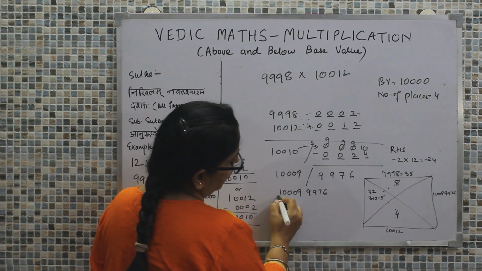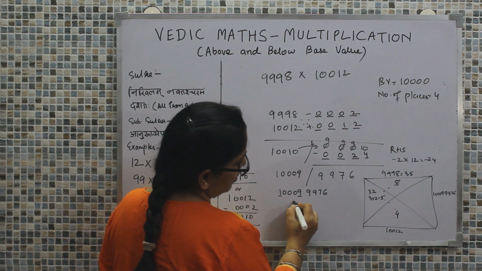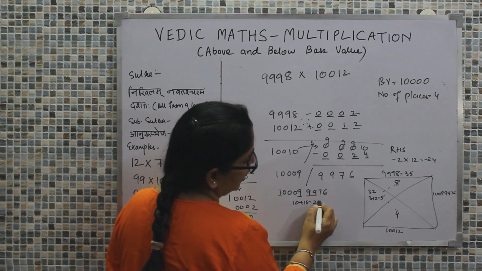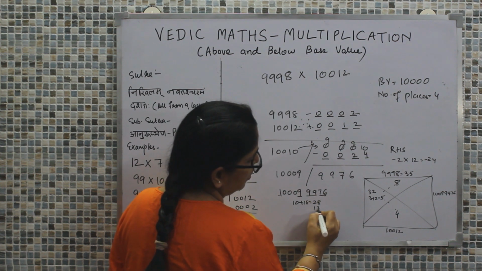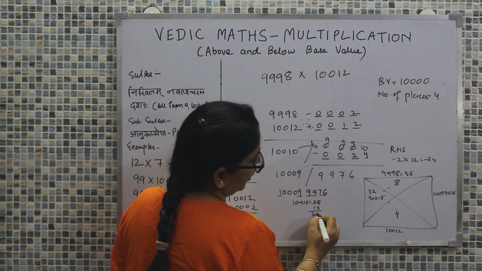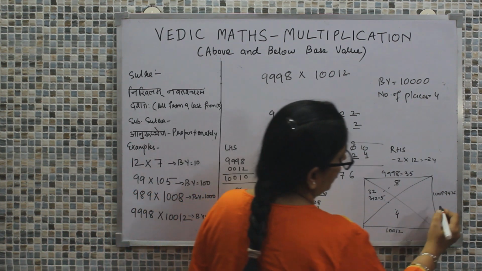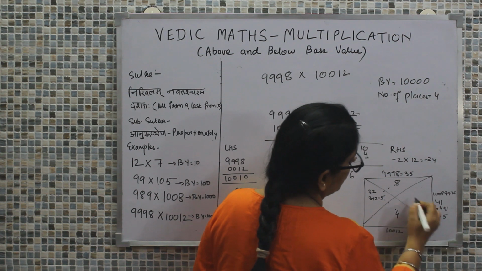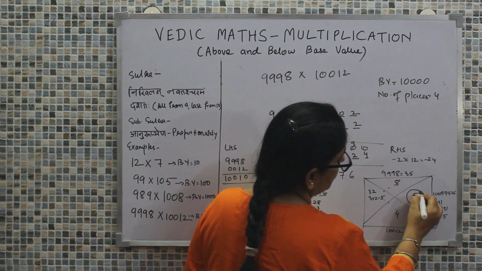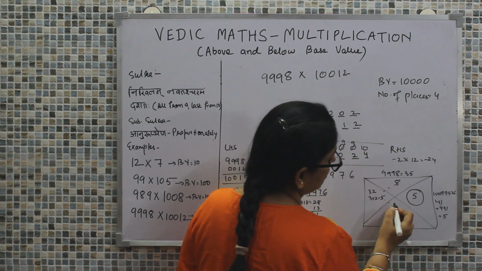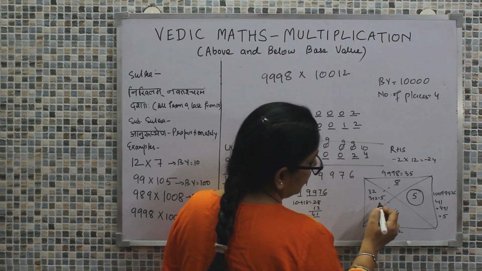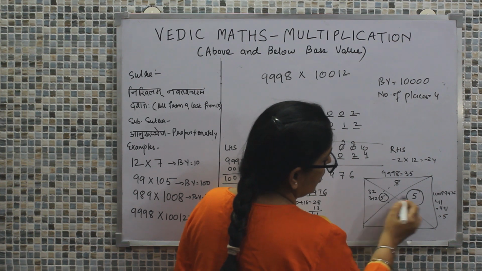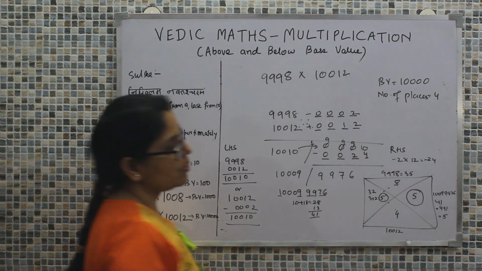We have 1 plus 9 is 10, 10 plus 18 is 28, 28 plus 13 is 41. 41 means 4 plus 1, and 4 plus 1 means 5. So because the digital sum of the answer and the digital multiplication of the digital sums of the two numbers are matching, hence our answer is right.